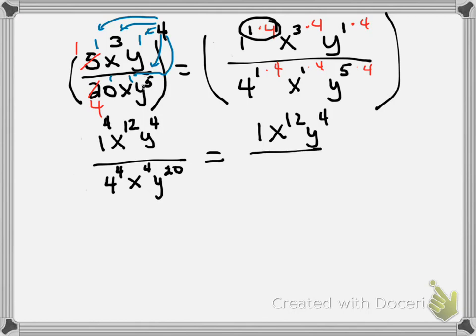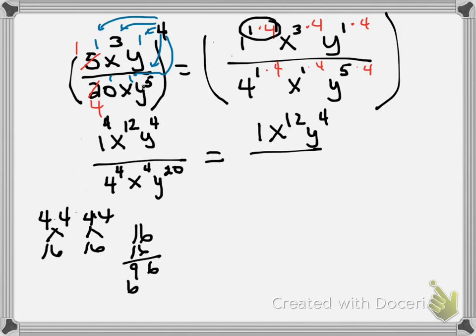And I'm just going to simplify my numbers. 4 to the 4th power means I have 4 times 4, which is 16, and then I got 2 more, so 16 times 16, this should be 256. Let me check here. 16 times 16, that's 36, that's 9, that's 6, that's 1. Yeah, 256. So it should be 256, x to the 4th and y to the 20th.